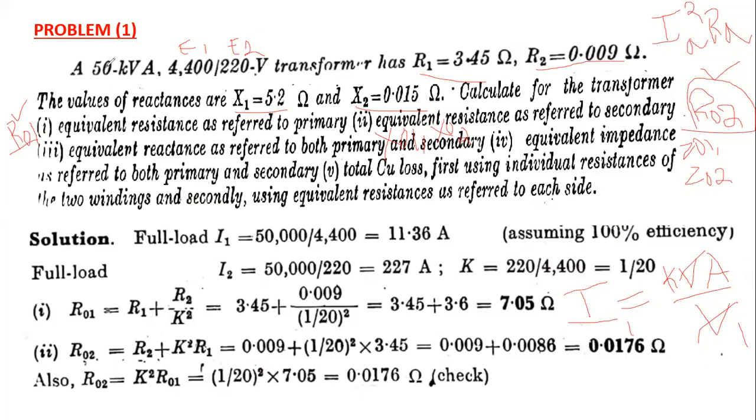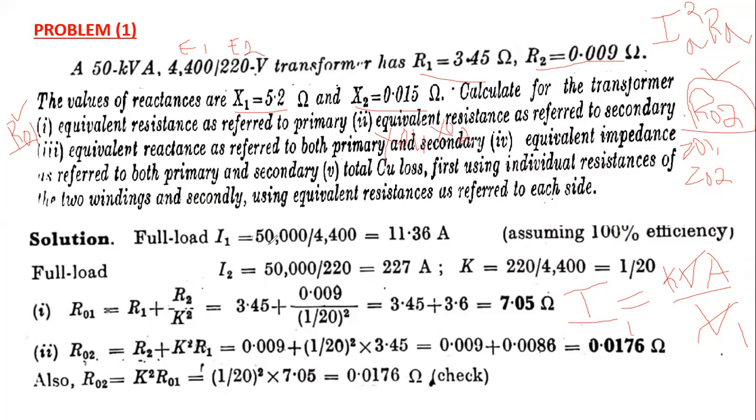What is the kVA? That is 50. 50 by V1, which is 4400. K means 1000. Therefore, 50,000 by 4400 volts, because kilovolt-amperes is converted to volt-amperes, so voltage is represented in volts.